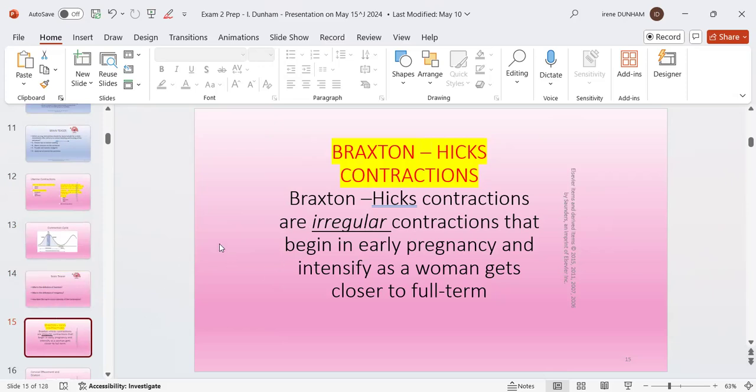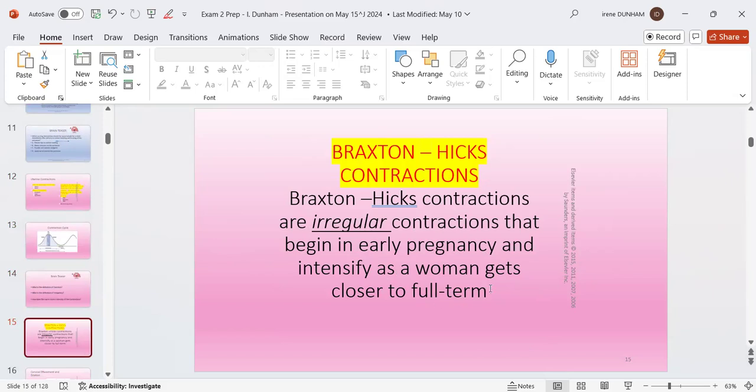When they happen in early pregnancy, it's very scary for the woman because she doesn't want to lose this baby. We try to get her hydrated and make sure she doesn't have a UTI or anything. Then as she gets closer to term, these Braxton Hicks can be bothersome, let me put it that way.